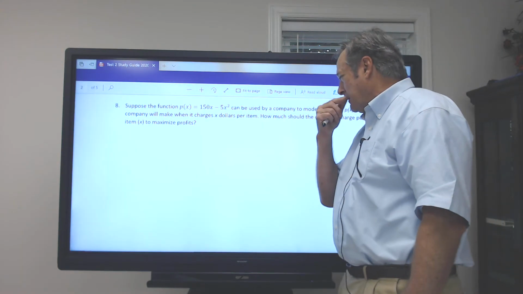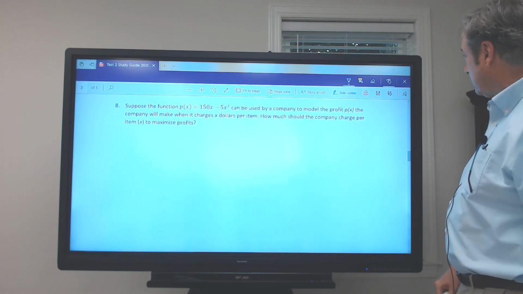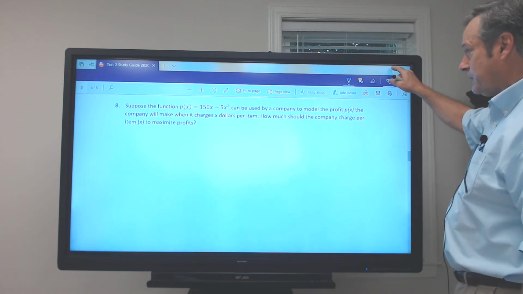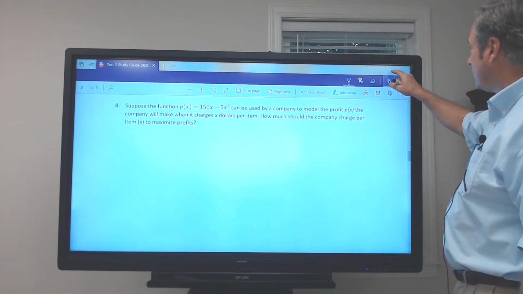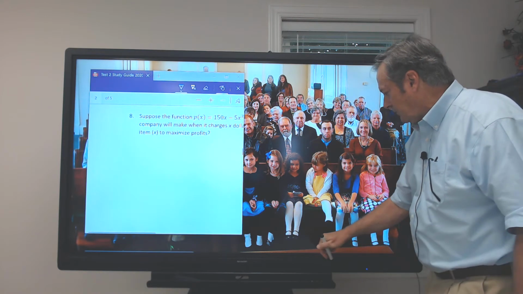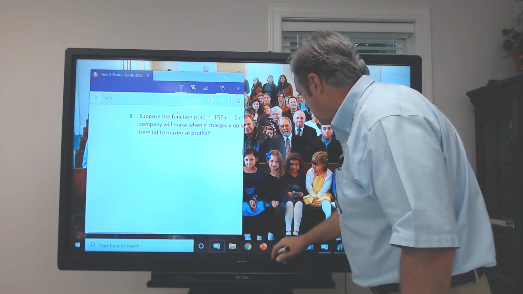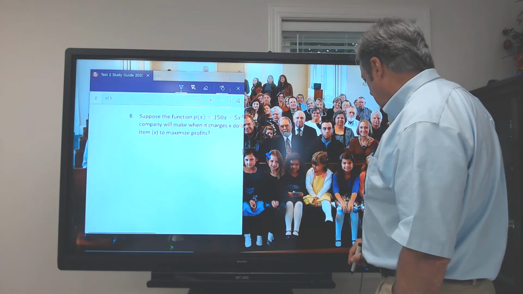All right, so let me go now to the graphing calculator. I hope this will work. So I'm looking at 150x minus x squared. All right, let's see, it should be down here somewhere.